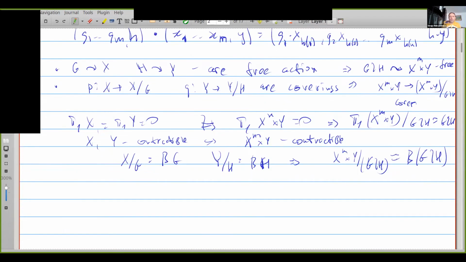But where the problem appears is the following. Suppose that pi1 of X is non-zero and pi1 of Y is also non-zero. So if the spaces on which G and H act are, suppose, covering maps, but these spaces are not simply connected, then the question of what the fundamental group of this quotient is looks rather complicated.